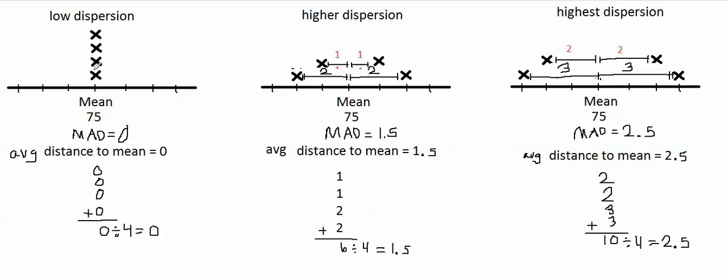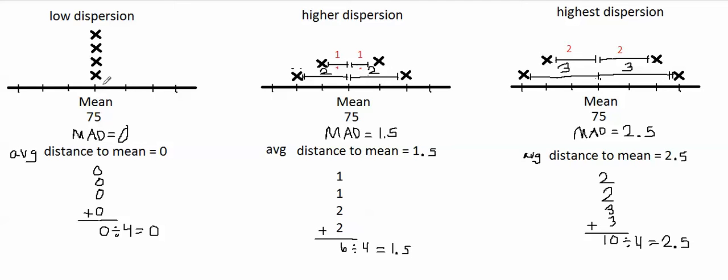So as the data gets more spread out, the MAD goes up, because as the data gets more spread out, the values move further away from the mean, and the absolute deviations get bigger. And since the absolute deviations are getting bigger, the mean of the absolute deviations is getting bigger.